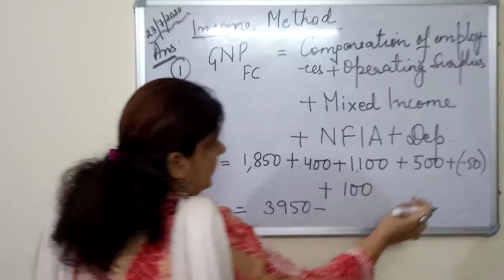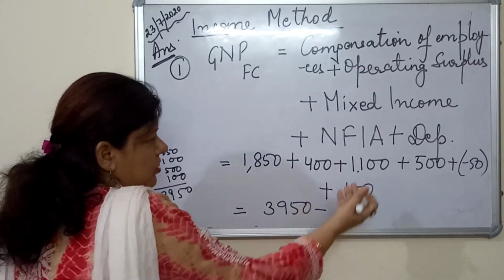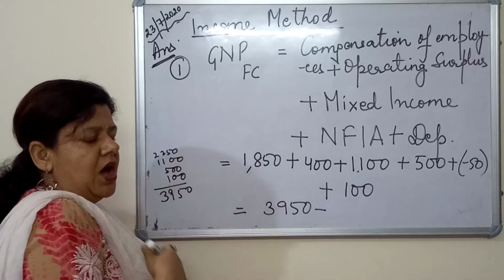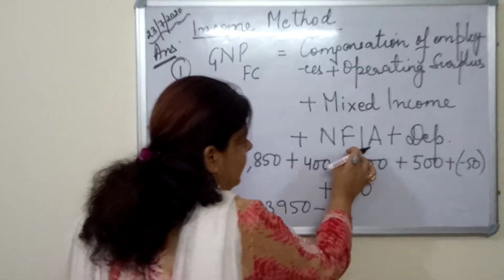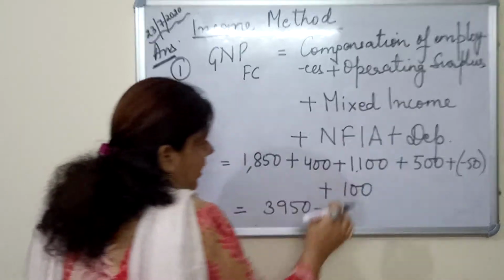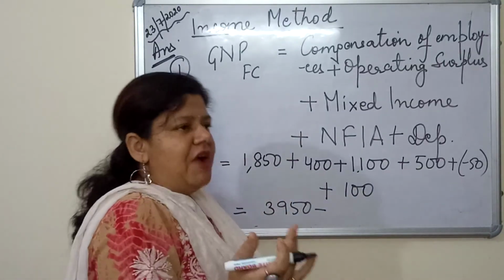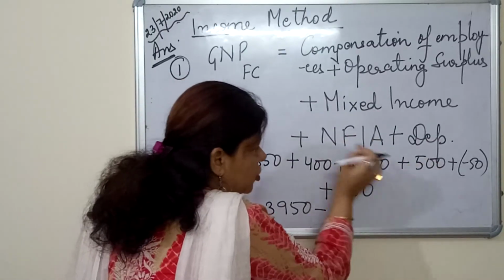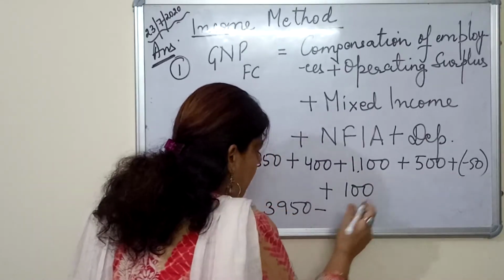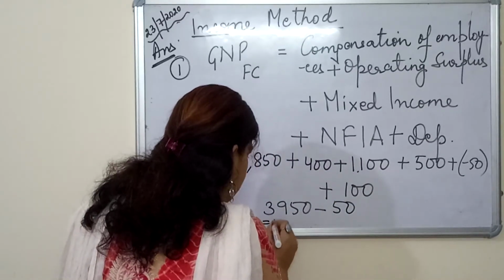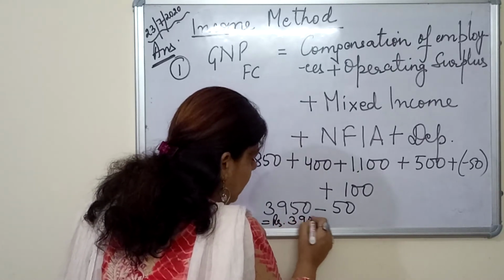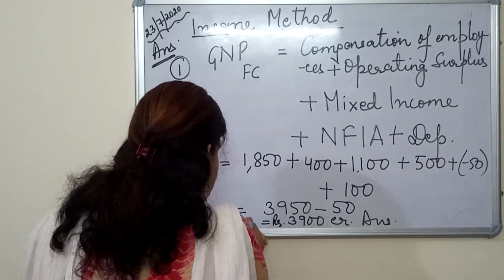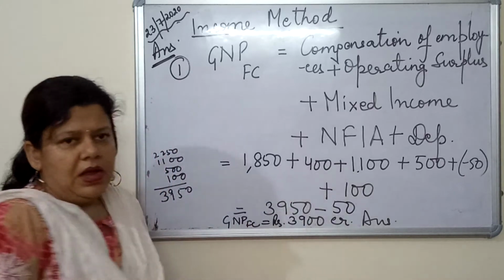Minus, because NFIA is in minus: we are giving more and receiving less. We are having a minus figure for NFIA, not net export, because we are calculating by the factor services method. We will not take exports, we take NFIA. We should add NFIA, but here it is minus, so we just deduct the number. You will get rupees 3,900 crore as the answer when you calculate GNP at factor cost by the income method.